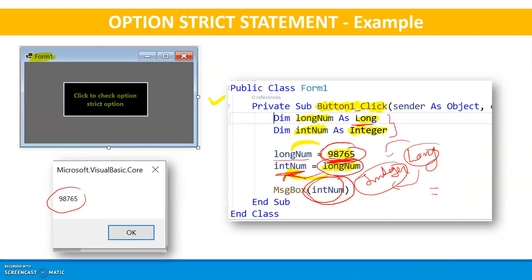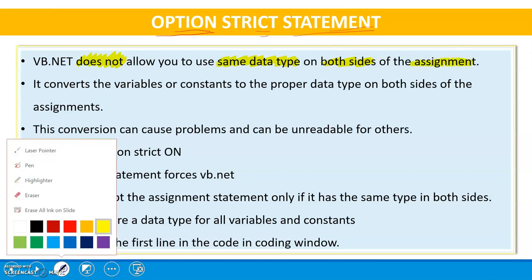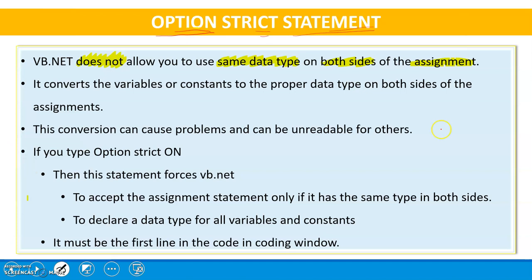Now let's see the theory portion. So the very first thing, VB.NET does not allow you to use the same data type on both sides of the assignment operator. We know very well what an assignment operator is. When I say a is equal to 3, what we are doing is assigning 3 into a.